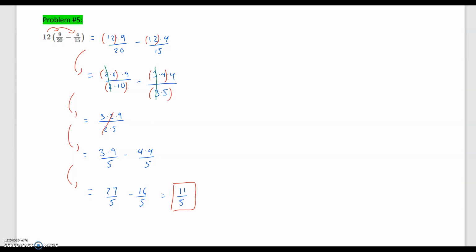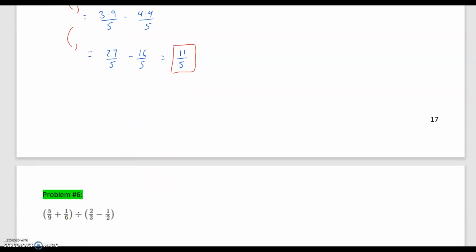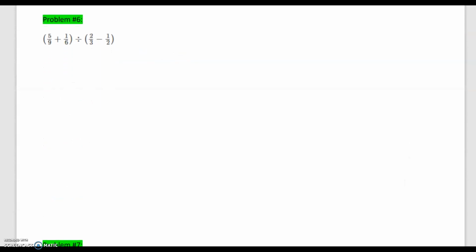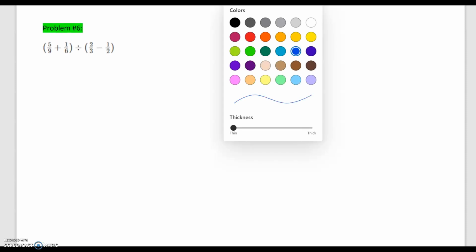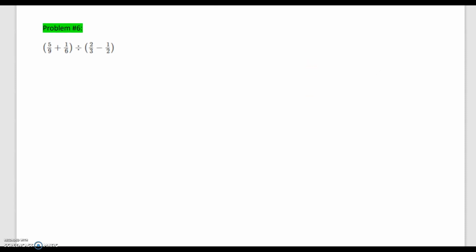Let's move on to problem 6. And what I'm going to do on problem 6 is rewrite it as it stands in terms of a division. So what you have in parentheses, I'm going to put on the numerator since you technically have a fraction here.